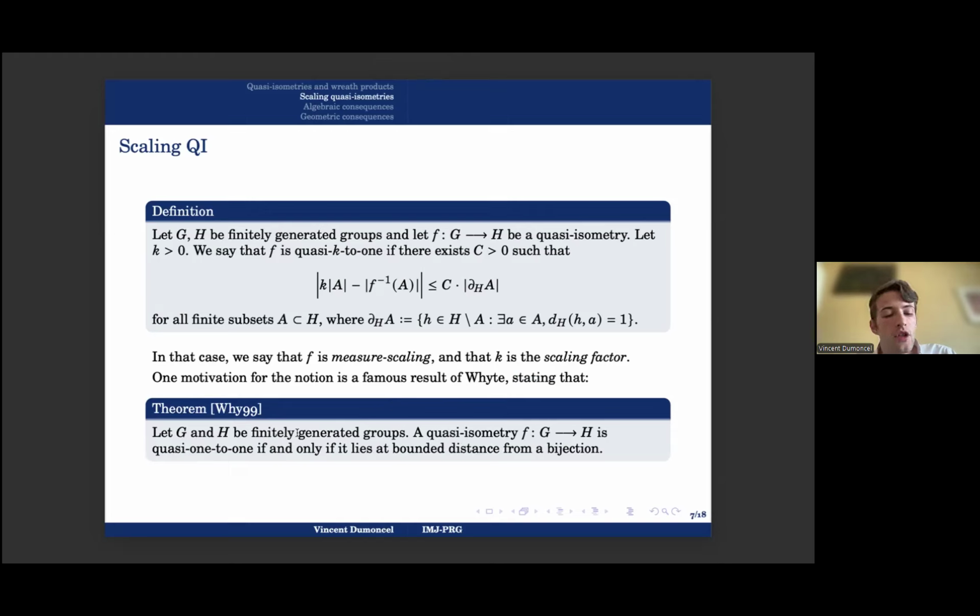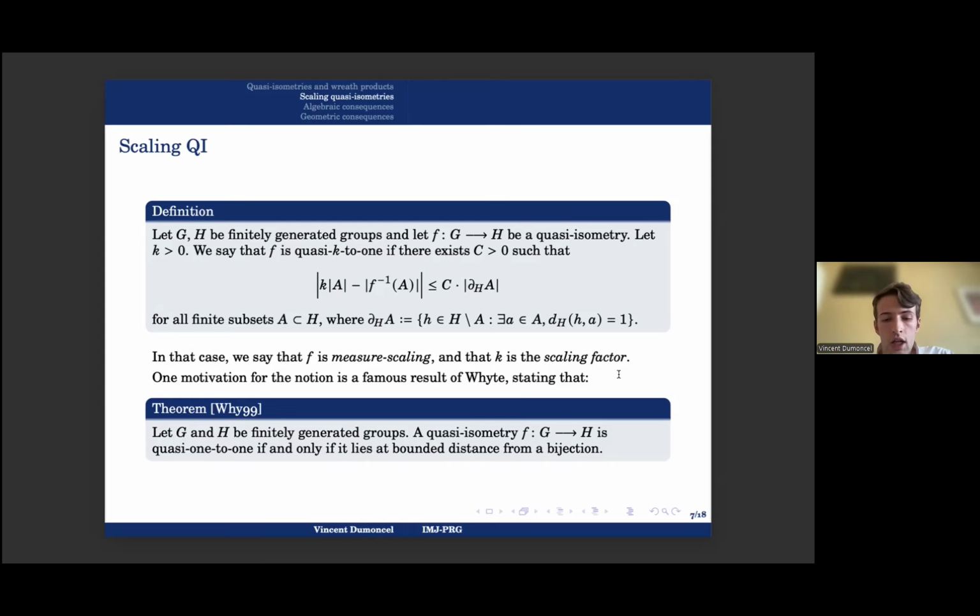White showed that a quasi-isometry is quasi one-to-one, in this sense, with this inequality, if and only if it is at a bounded distance from a bijection. Okay, so it is not exactly a bijection, it is not necessarily one-to-one, but up to a small finite distance change, you can recover a bijection. Okay. So this is why we call this map quasi k to one.